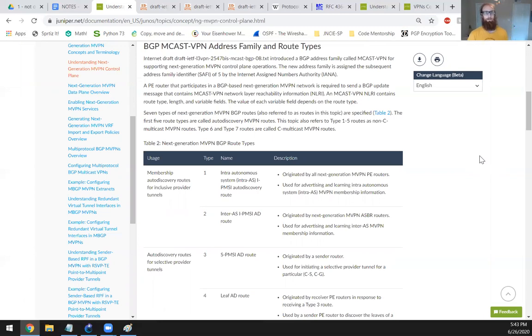2547 BIS MCAST BGP 08.txt introduced a BGP address family called MCAST-VPN for supporting next generation MVPN control plane operations. The new address family is assigned the subsequent address family identifier, SAFI, of 5 by the Internet Assigned Numbers Authority, IANA.